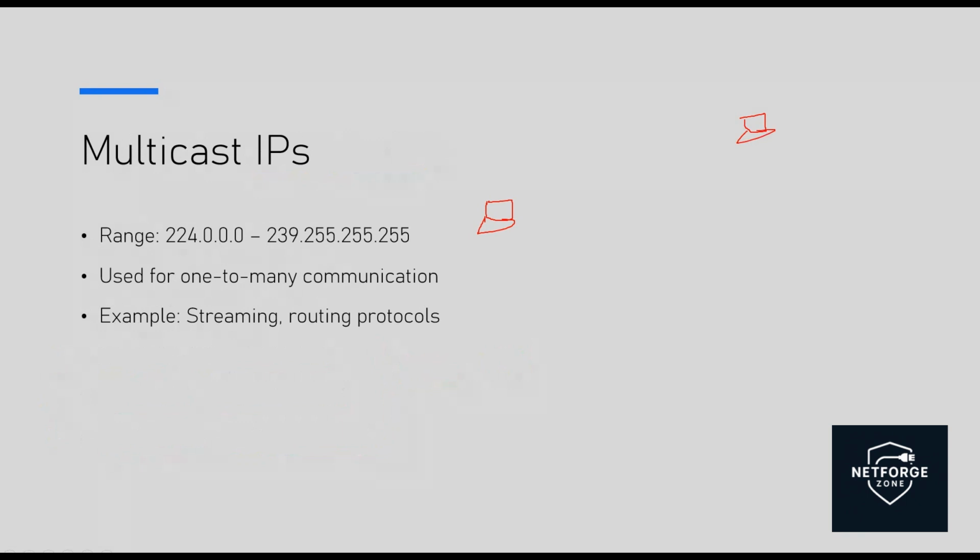Then there are 4 devices in here that want to receive this podcast or video. So normally if I go with an IP connection, this is going to send one packet to this, one packet to this, one packet to this, and one packet to this, which means that it should send 4 different copies of the data towards the destination.